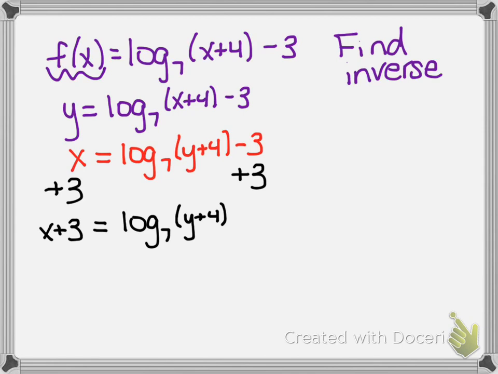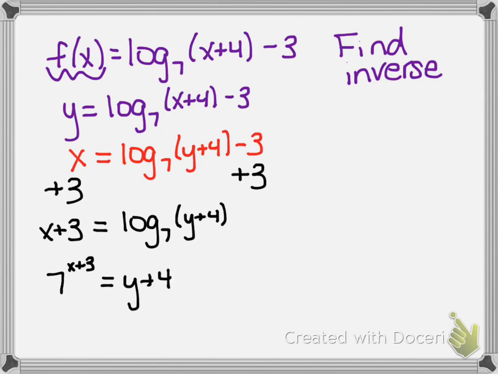Then we need to convert it to its exponential form. So the base is the 7. And then the y plus 4, sorry, that's what happens when you read equations backwards. So the base is 7, and then the x plus 3 and the y plus 4 switch sides.